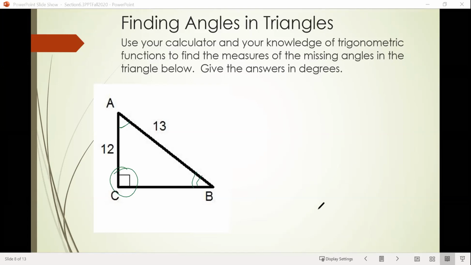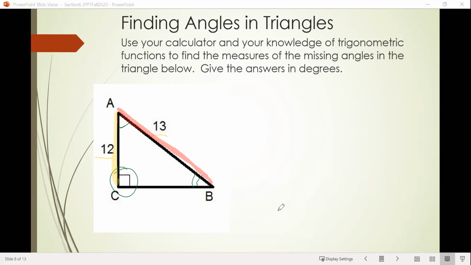First of all, look at the information I'm given: this side length of 12 and this side length of 13, in relationship to the angle A. Hopefully you would agree that the side length of 12 looks to be the adjacent side to the angle A, and the side of length 13 seems to be the hypotenuse.